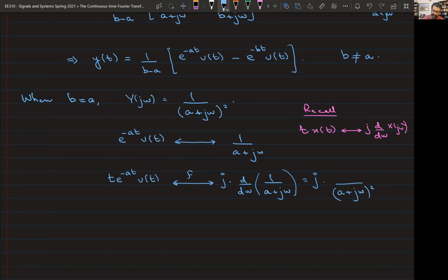There's a minus 1 because of the power, and then there's a j because it is multiplied with j, right? And j squared is minus 1. Minus 1 is going to cancel with minus 1, and therefore this is equal to 1 upon a plus j omega whole squared. So this implies that when b equals a, y of t is going to be equal to t times e raised to the power minus at u of t.